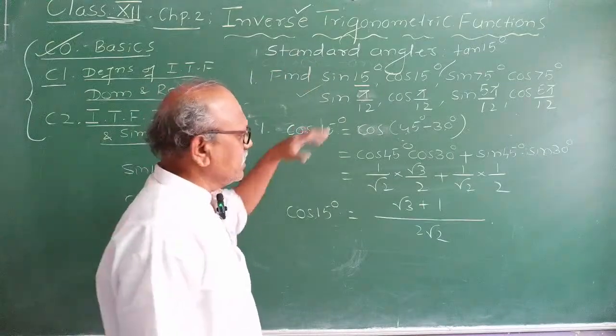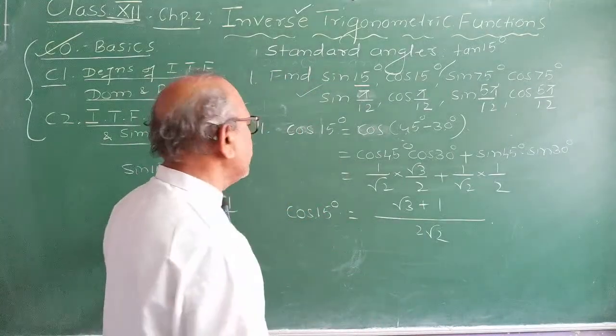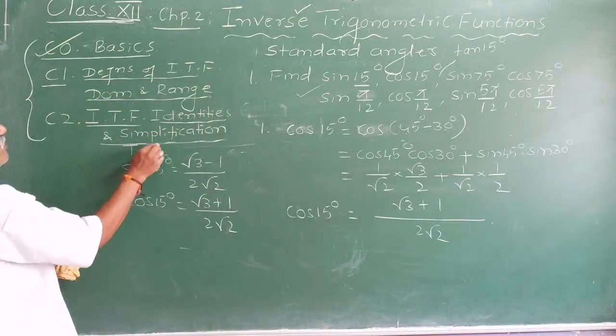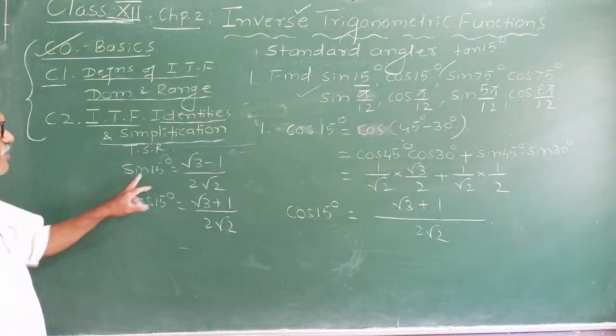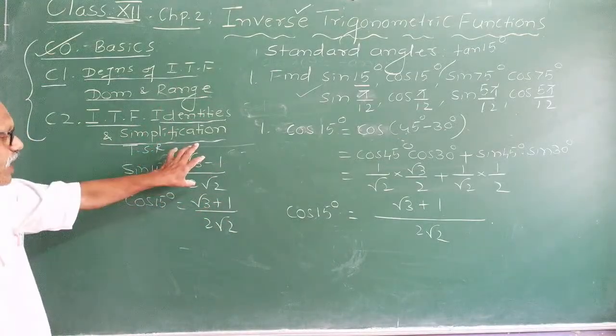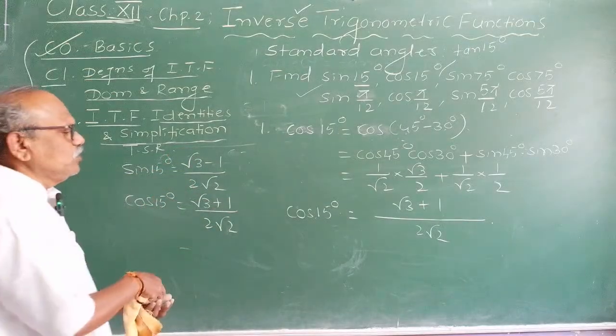To hold the logic you should derive it at your study table on your own. Even shortcuts are given to you. Now this becomes a TSR, time saving result. Sin 15 is root 3 minus 1 upon 2 root 2. How it came, you understood now. Then mind will memorize it. Cos 15 degree is root 3 plus 1 upon 2 root 2.